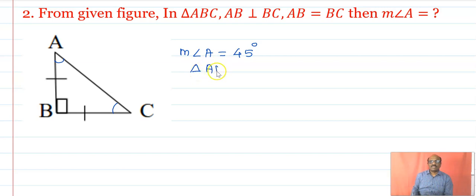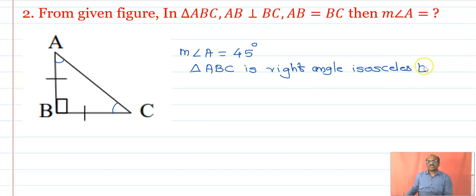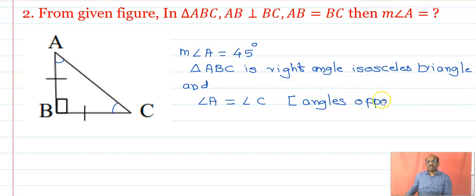You can write it this way: triangle ABC is a right angle isosceles triangle, and angle A is equal to angle C. Now we write the angles opposite to congruent sides.